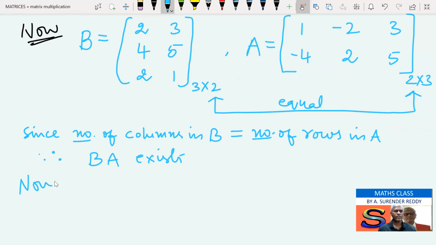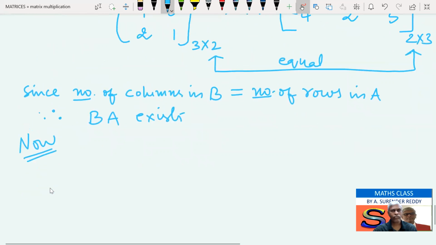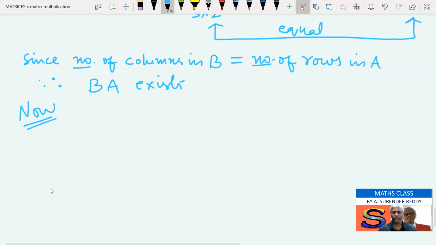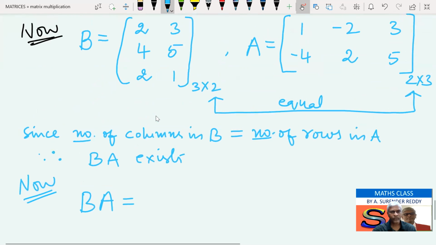Now, let us multiply BA. Now, same procedure. BA here, 3 rows are there.